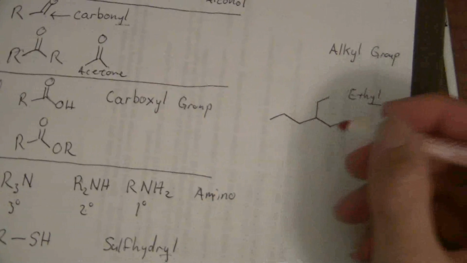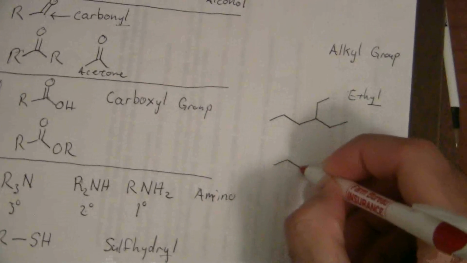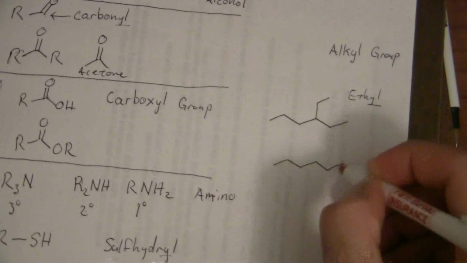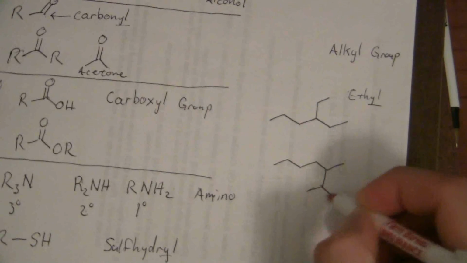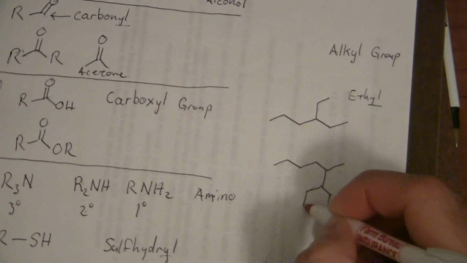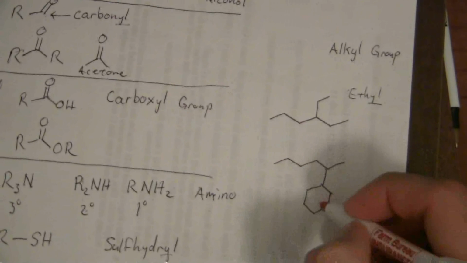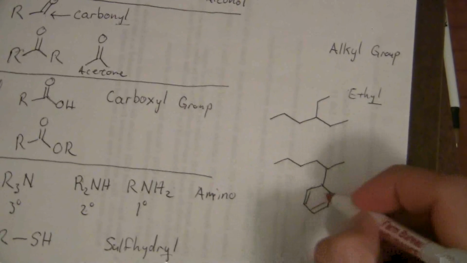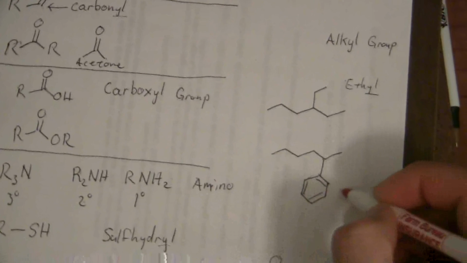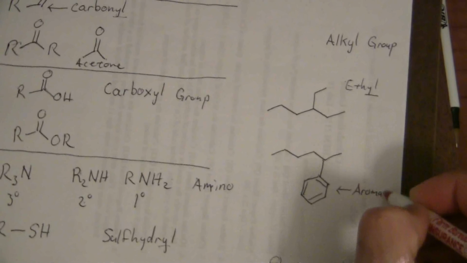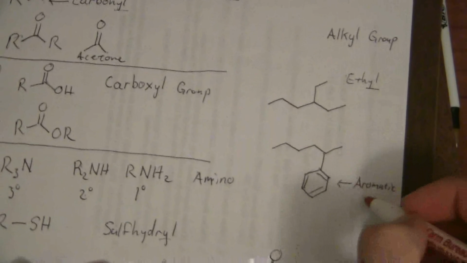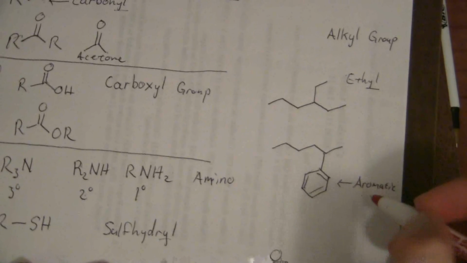Okay. There are also, we've seen a few examples where you have a six-membered ring, and when that ring has those three double bonds, we call this an aromatic compound. Okay. Or an aromatic group.